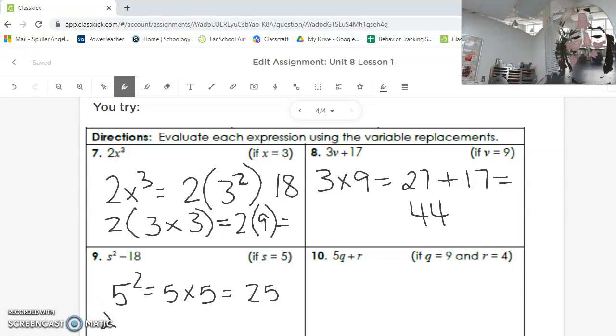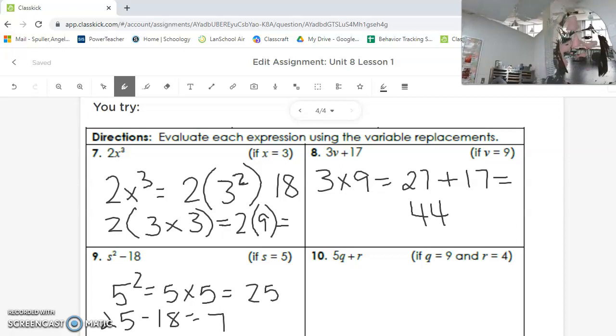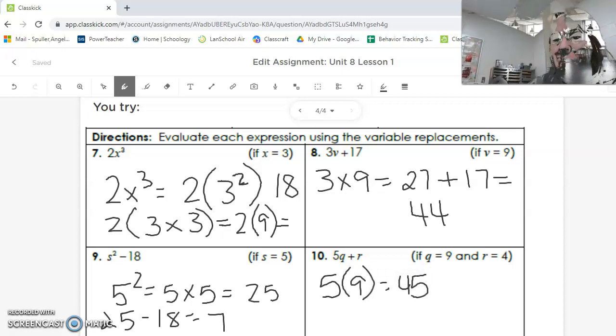And then I can say 25 minus 18 equals 7. All right, last one. 5 times 9 equals 45 plus r, which is 4, so I'm going to get 49.